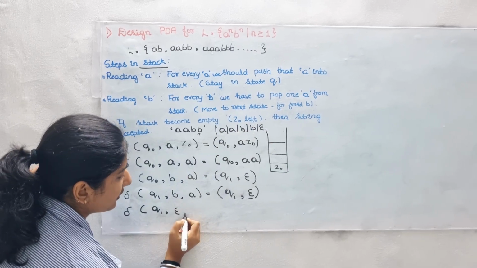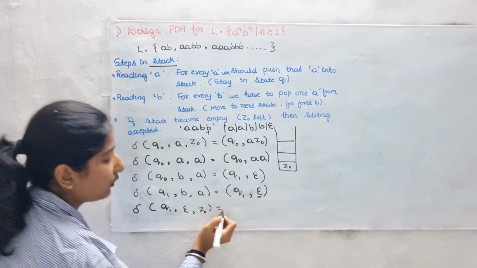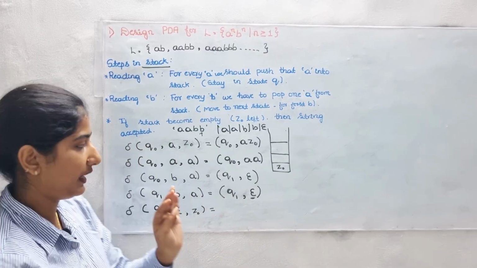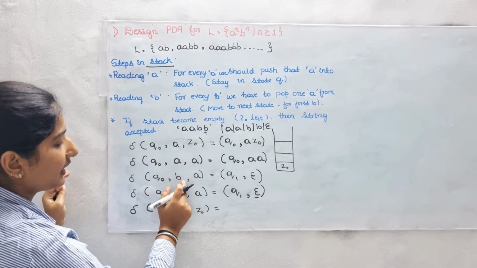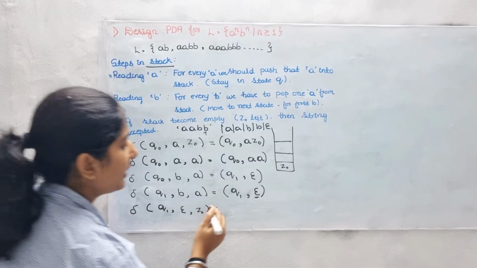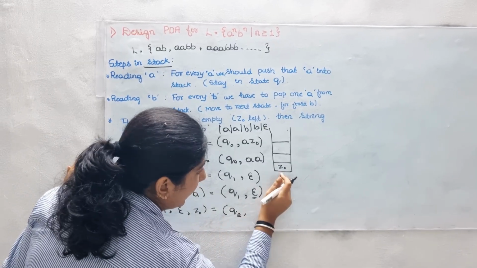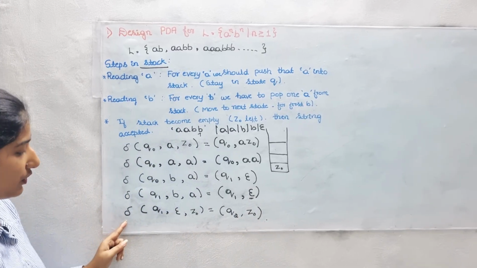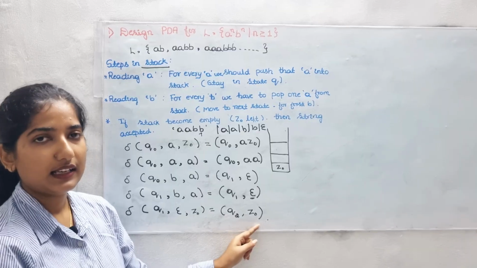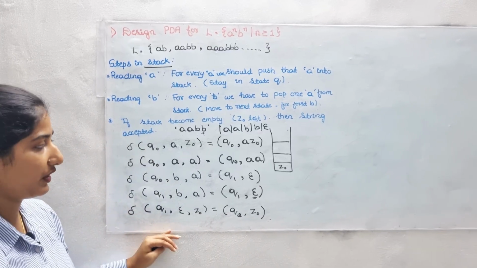So on epsilon and top of stack z naught, I have to move to the final accepting state. Since the stack is empty and a is completely matched with bb, I am moving to the final accepting state, and the top of the stack is z naught. Clear? So this is the final transition we have to take. So this is the transition function.